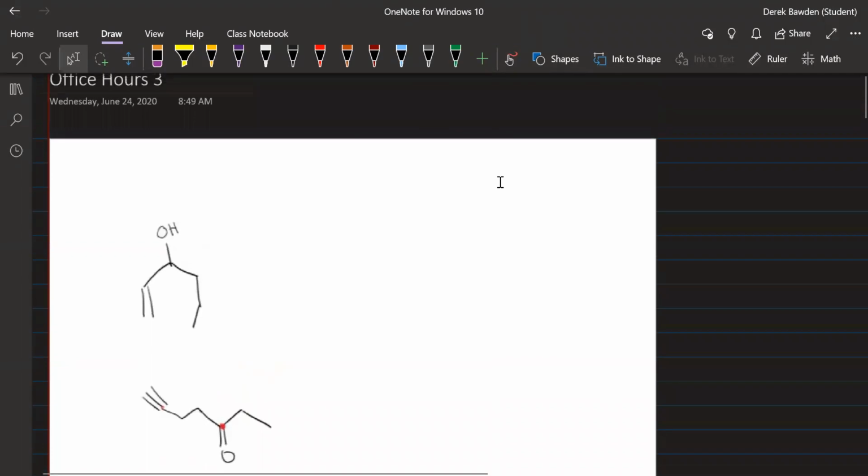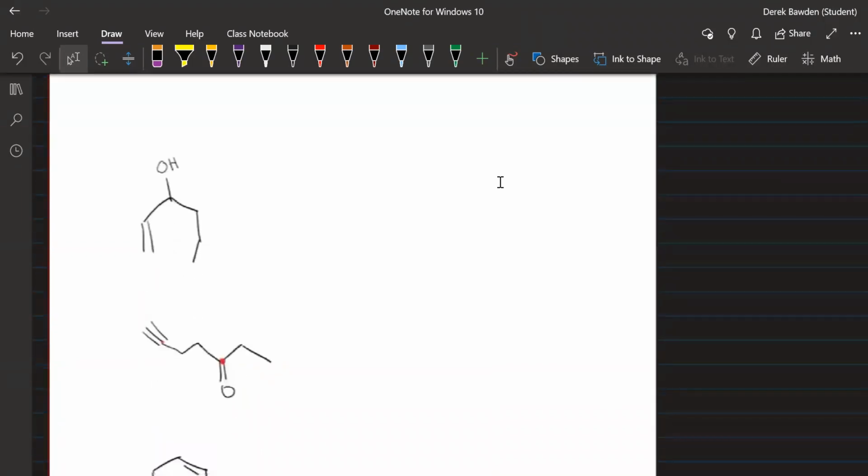So what we want to do is determine how many HNMR signals will be in each of these molecules. The first thing you need to look for is if there is a stereocenter in the molecule. If there is a stereocenter, then all of your CH2s show two distinct signals.